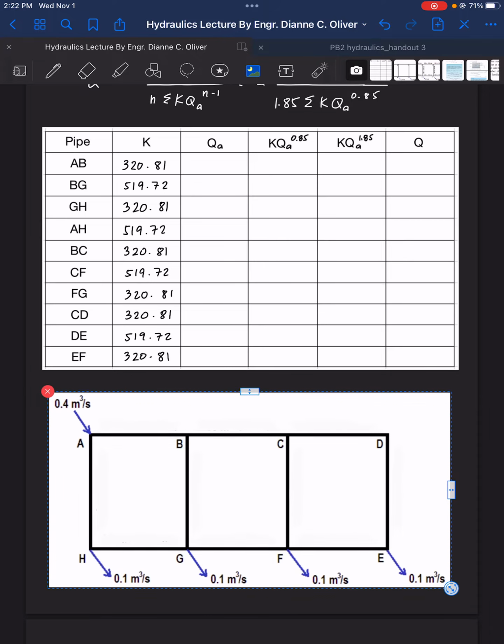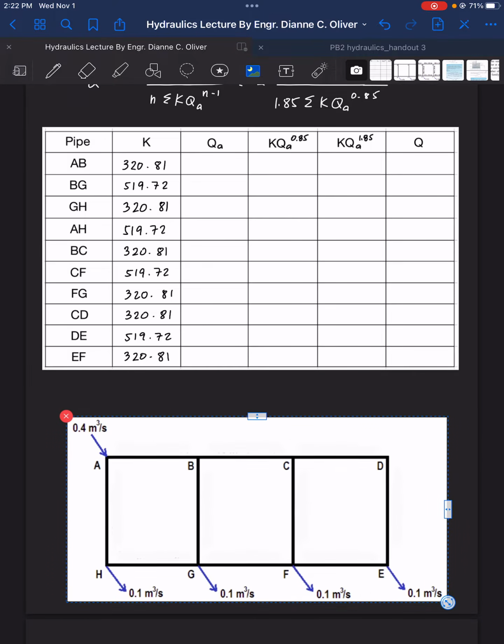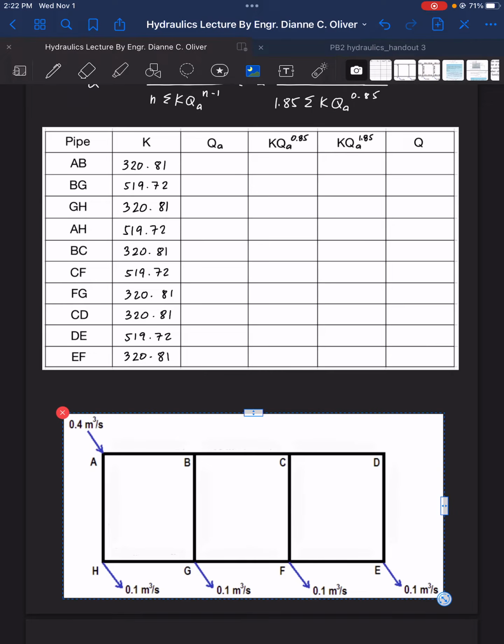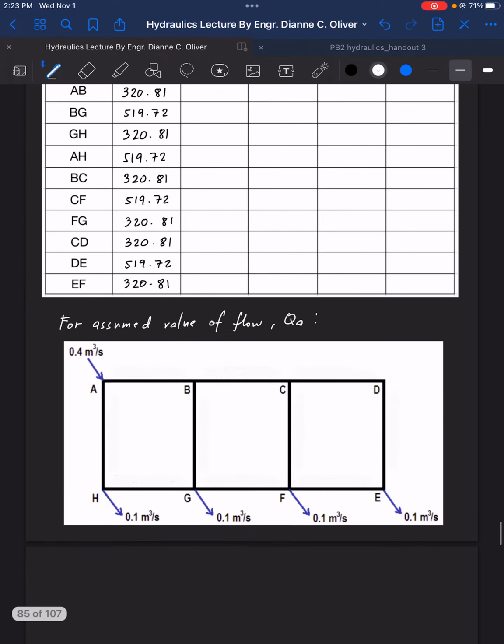So for the assumed value of flow, that is QA, we will assign here.